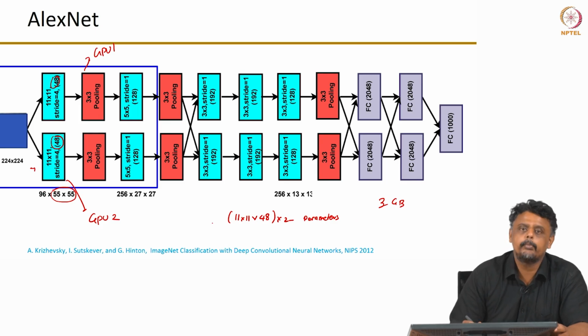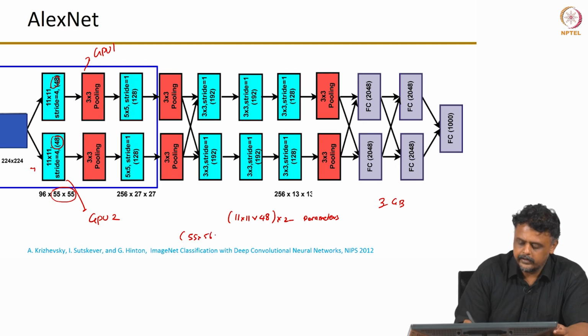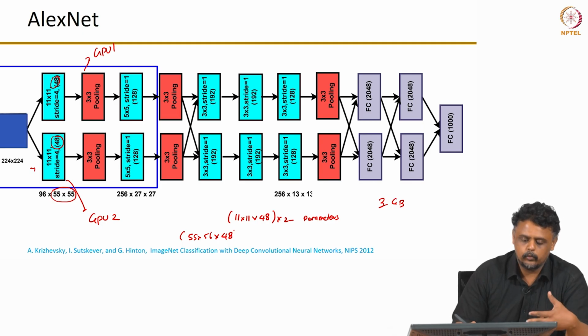If you want to calculate the number of computations per GPU, the output size is 55 cross 55 times 48. Those are the total number of activations on one GPU in this convolutional layer, and to produce each output we have to do 11 cross 11 cross 3 computations.